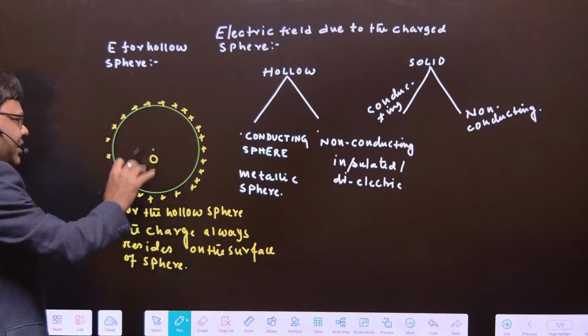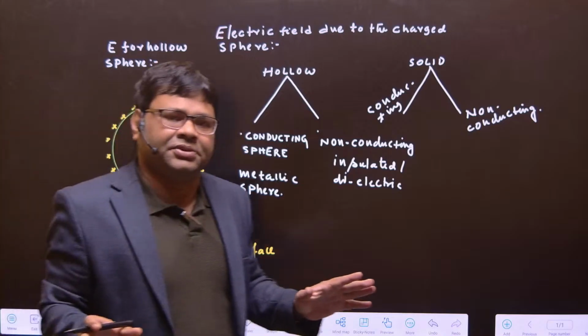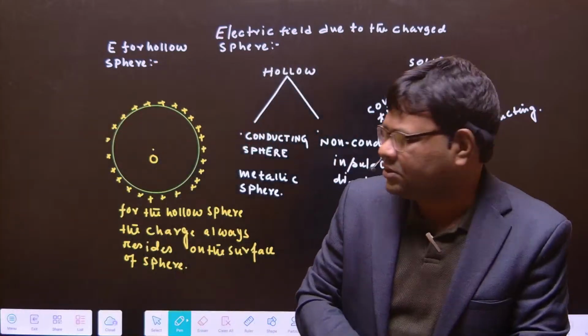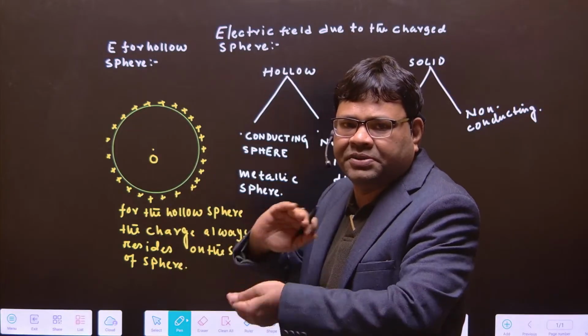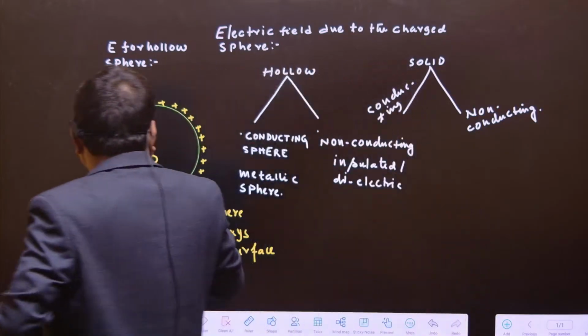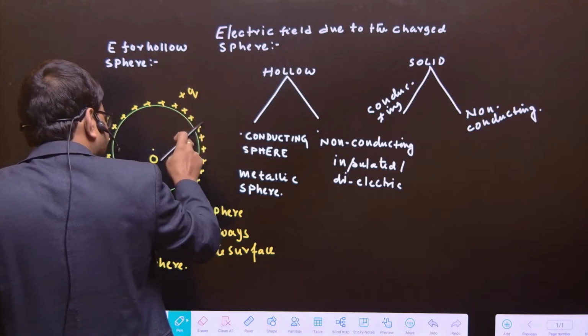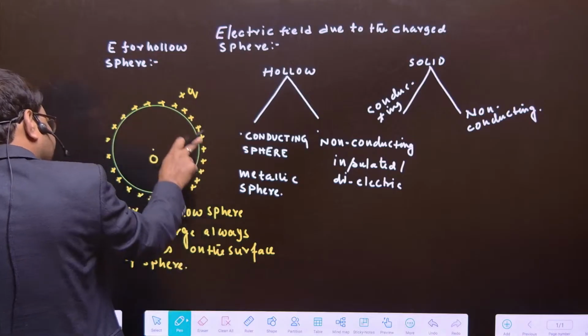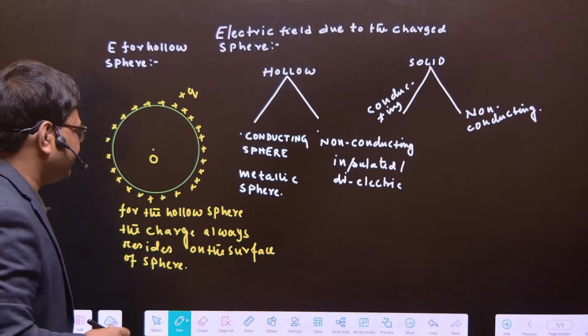Charge अंदर में नहीं है. Charge always will reside on the surface of the sphere. This is the hollow sphere. Charge outer side में, outer surface में. ठीक है ना? तो assume amount of charge is plus q. Plus q charge resides on the surface of the sphere. But here there are three cases we have to discuss one by one.